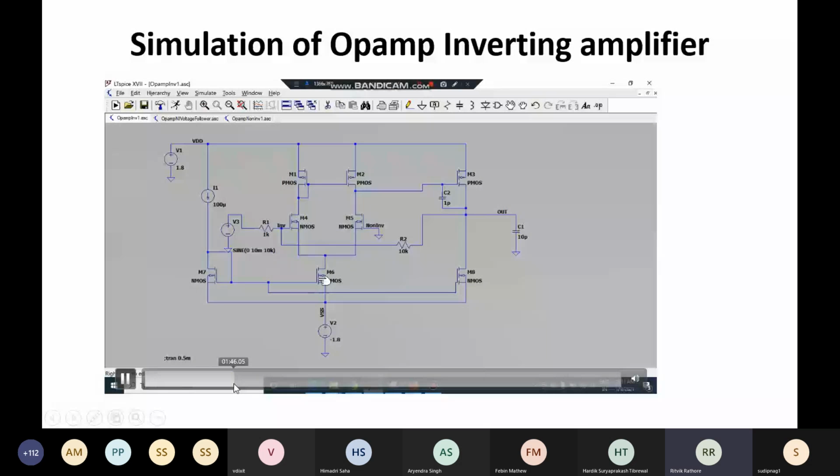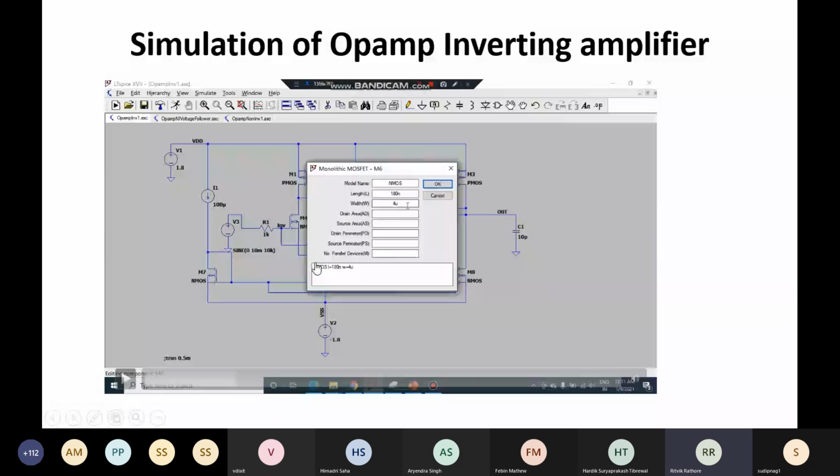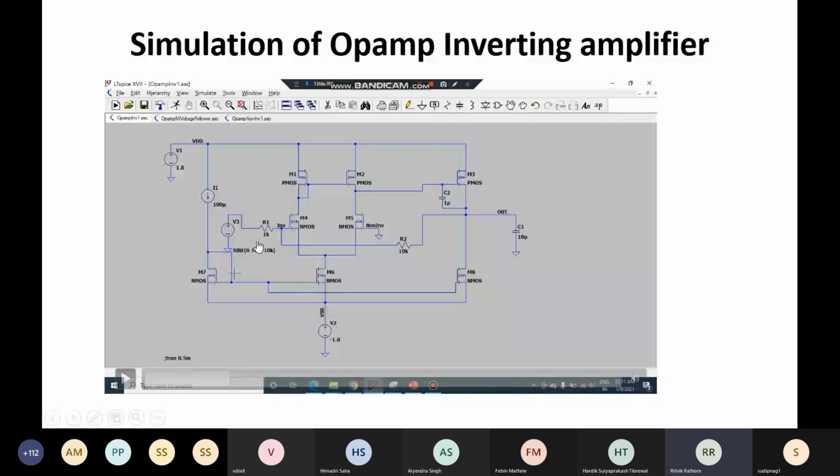Okay, so let's see how to select W/L for these transistors. The length of all these transistors is chosen to be 180 nanometer because we are working in 180 nanometer technology. Now this 100 microampere current is passing through this NMOS M7, so the W must be such that it can support this 100 microampere current.